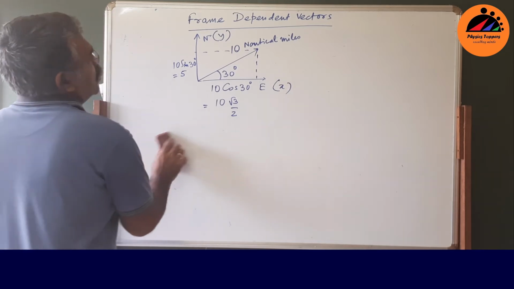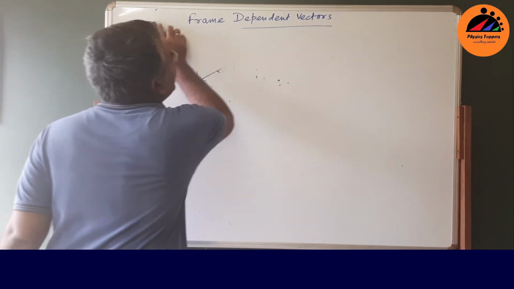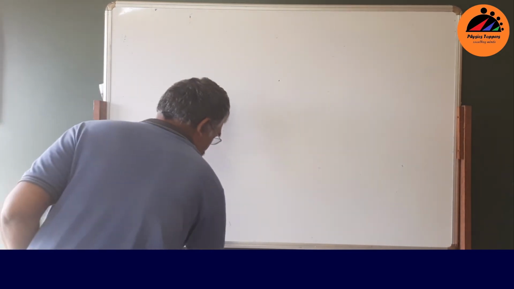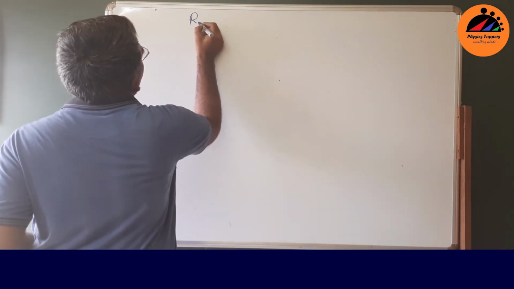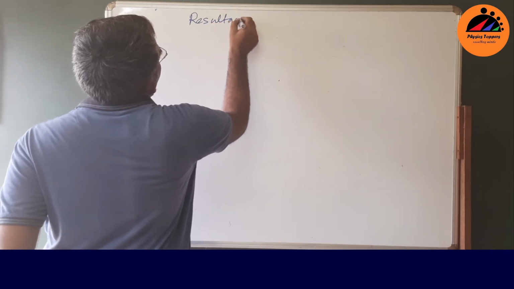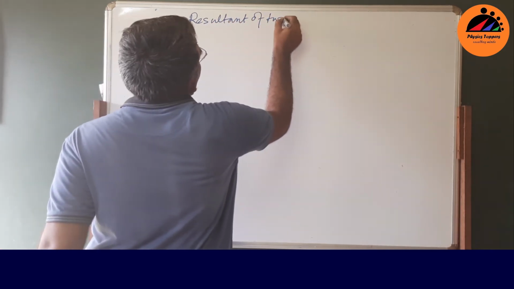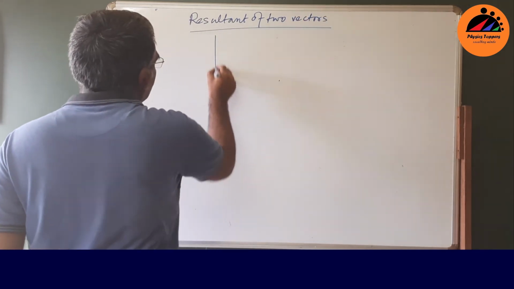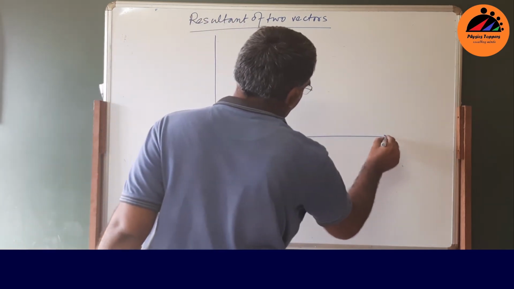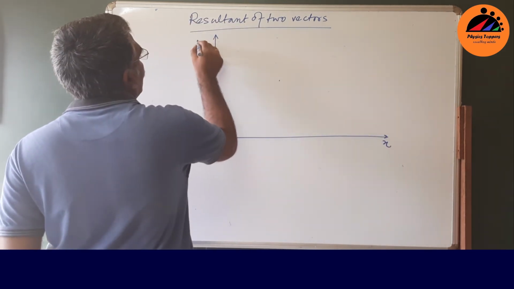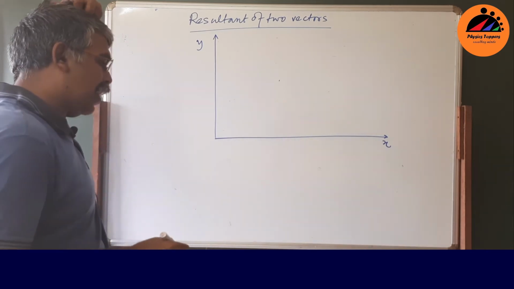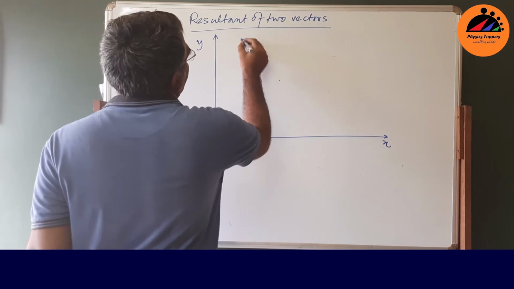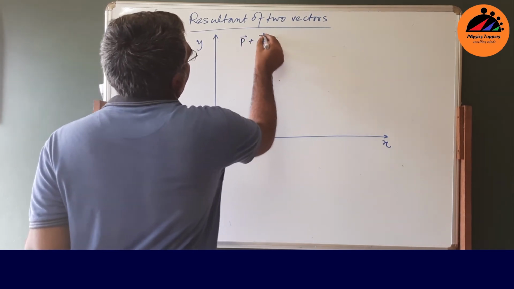Okay. So resultant of 2 vectors. Suppose I am drawing a frame. This is x and this is y, and I have 2 vectors, p and q. So p plus q I need.